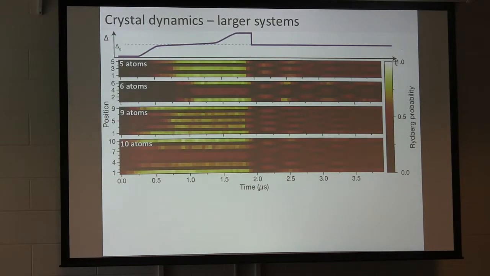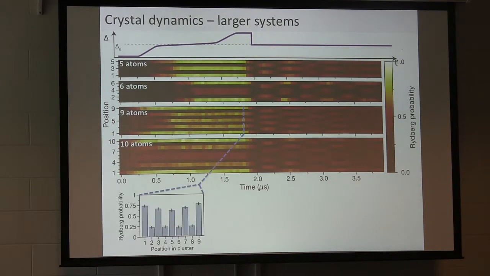Now we can scale up the system size, and an intriguing effect is that these oscillations seem to be pretty robust and independent of the system size. This is, for example, what you see for the 9 atoms case here. The left side of these heat maps are just the adiabatic sweeps to prepare the crystals, and the right part of them are the quenches.